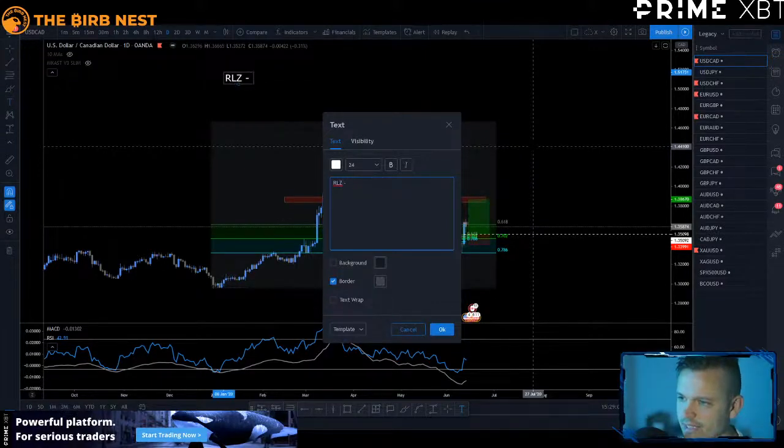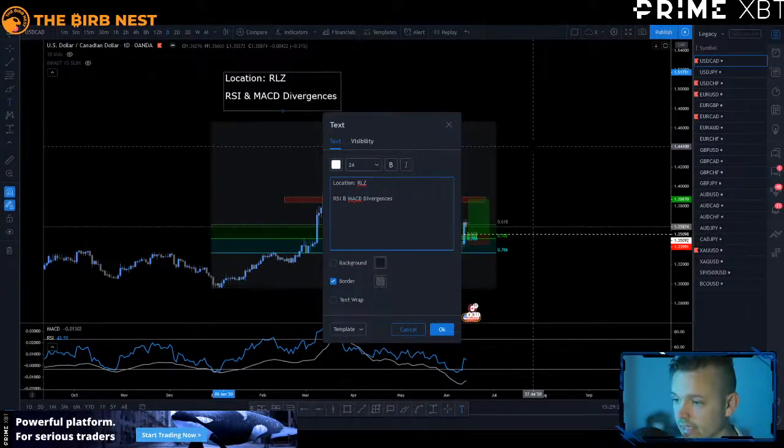And inside the RLC, I want to find the RSI and MACD. Right, so location is RLC. I then look for RSI and MACD divergences, right? And I then look for a break in market structure, right?